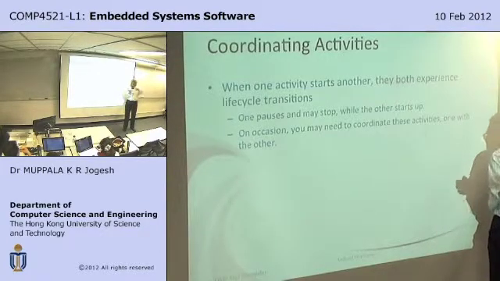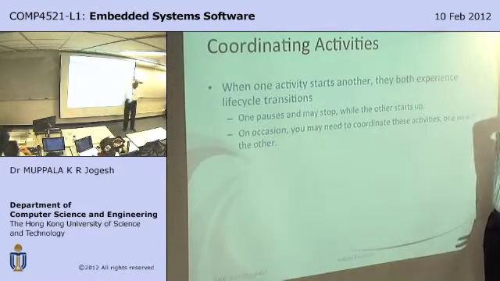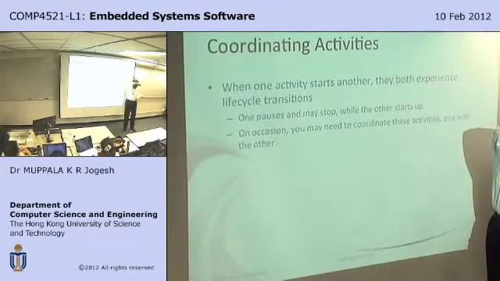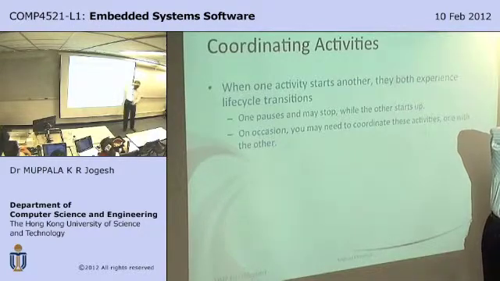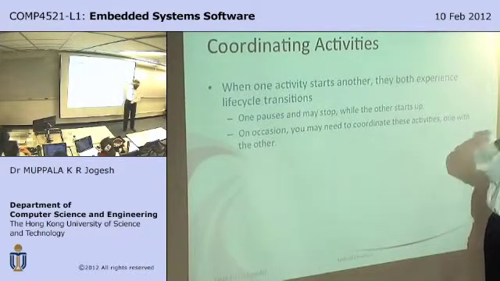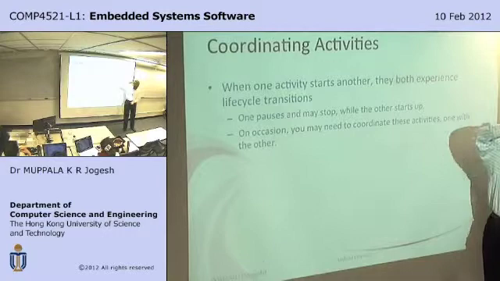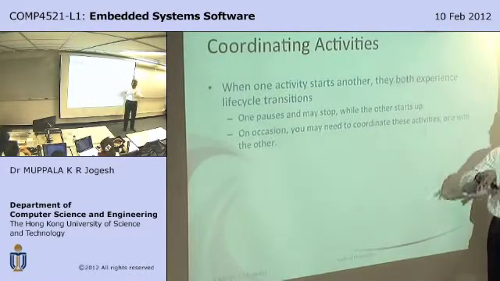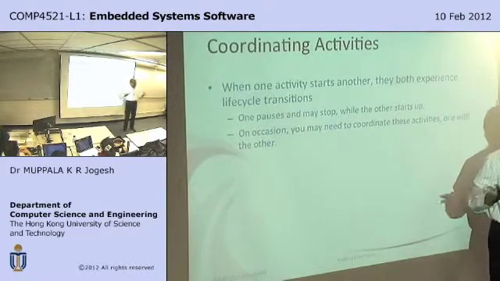Right? So two different activities are taking their life cycle transitions at the same time. But this dance has to be done in the proper way, so that the activity that is going away will properly disappear into the background, and the activity that is getting created will properly come to occupy the foreground. If the dance is not done in the proper step, you will end up with a mess.